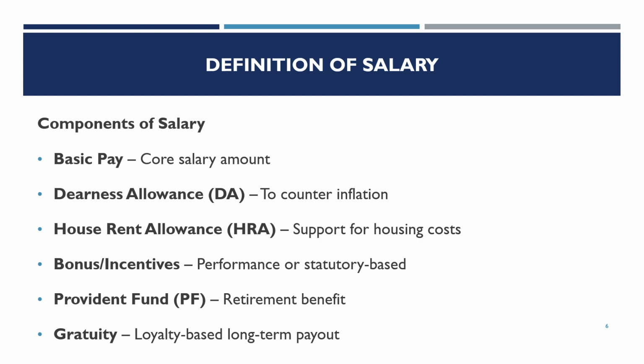Third, house rent allowance, HRA, which helps those who live in rented accommodation. Next is bonus or incentives. Bonus may be statutory or performance linked. Incentives depend on the additional extra work done in the organization.